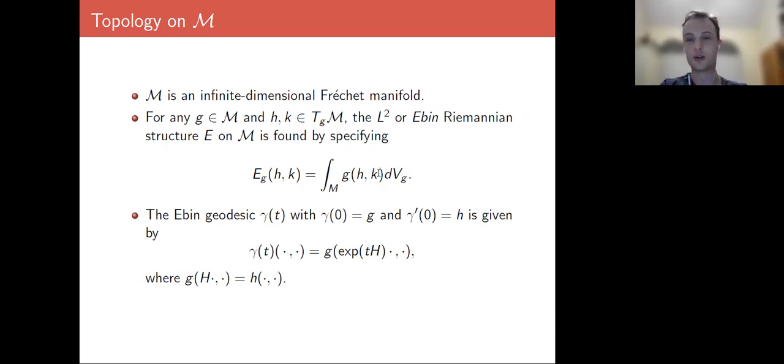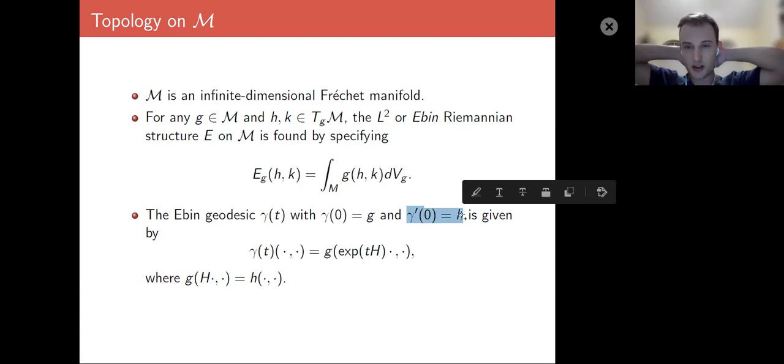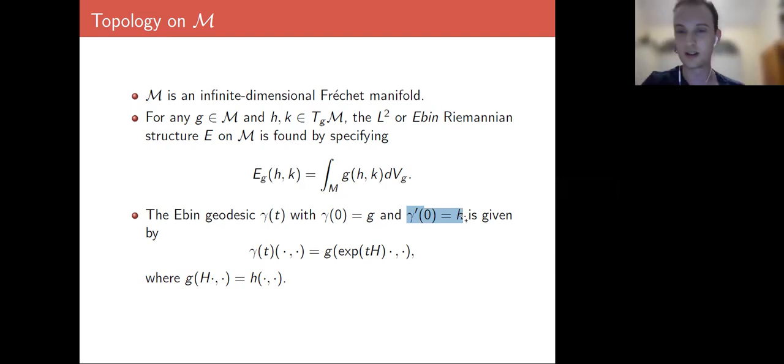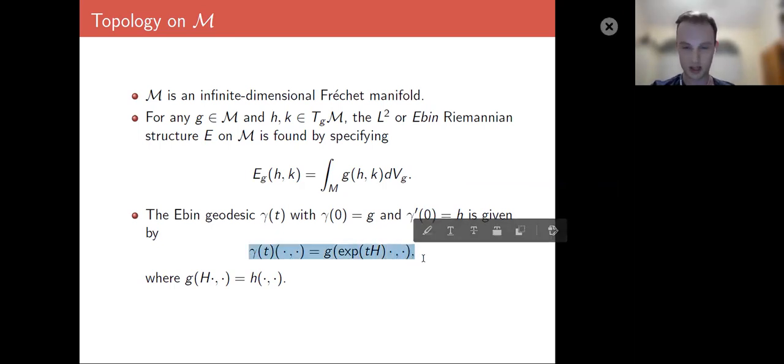So let's say you're interested in a geodesic starting at a particular Riemannian metric G, and you're interested in shooting this geodesic in a particular direction H. So H is going to be a symmetric 0-2 tensor field. Then the geodesic that starts at this point and going in this direction is explicitly solvable.